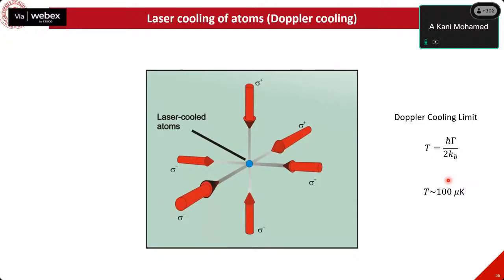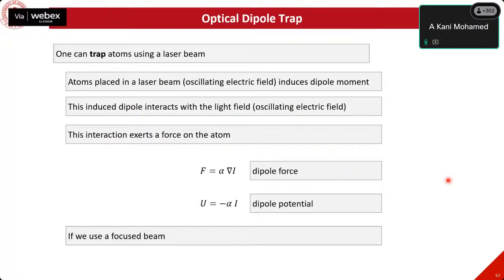But the nice idea here is that we are going to use laser light itself. So now we have cooled the atoms by using Doppler cooling mechanisms. But after cooling, same as in optics, we can trap the atoms just by using laser light.